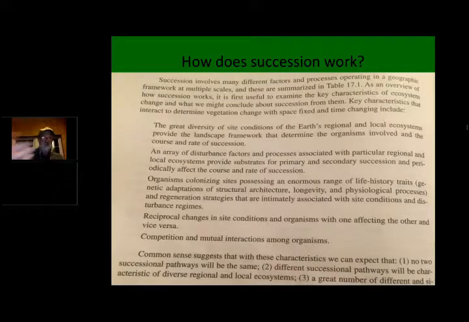And there's a number of different ways that one plant community can replace another plant community, almost unlimited varieties of ways. And what's interesting is these life history traits and genetic adaptations are actually selected for by the site conditions. And so the site conditions kind of determine what happens to the plant communities, which plant communities can even exist there in the first place.